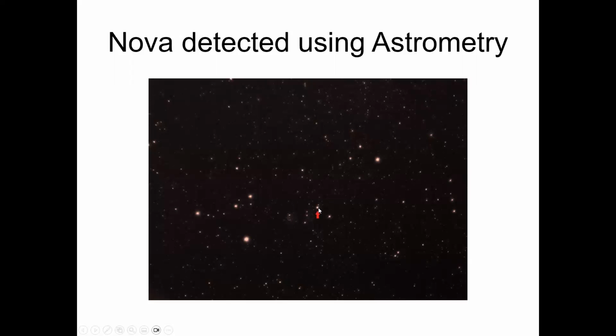So what I did was take random images and store them and compare them after a few months with new images. Doing that, we discovered one of these new specks of light. This is a new object that has been formed within a few days of time, right? So this is a nova.